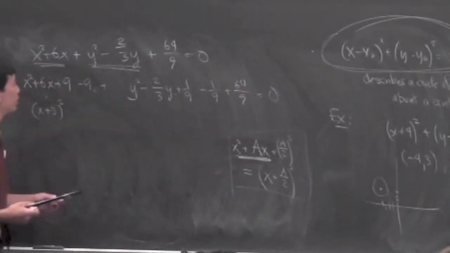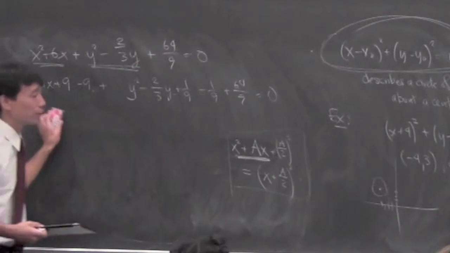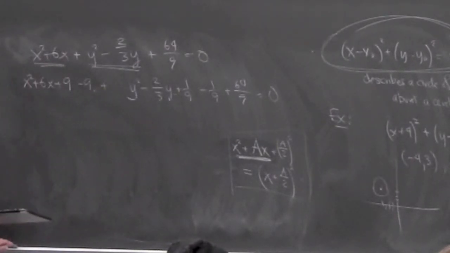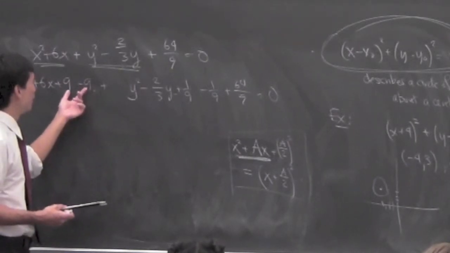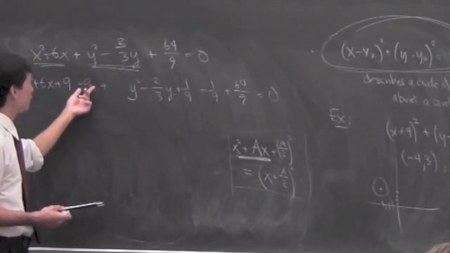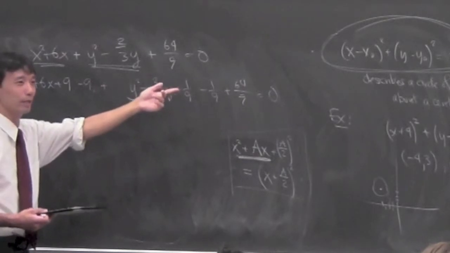So in the past, when I've done things in high school, instead of doing the -9, can the 9 and the 1/9 just go over to 0? The same thing. So I either subtract 9 here, or I add 9 to the other side.